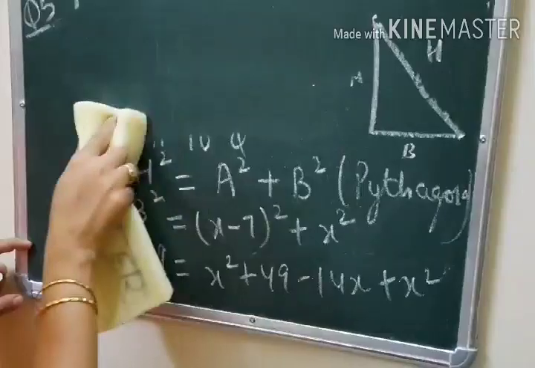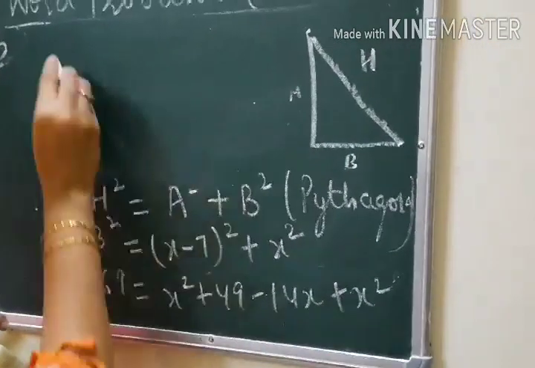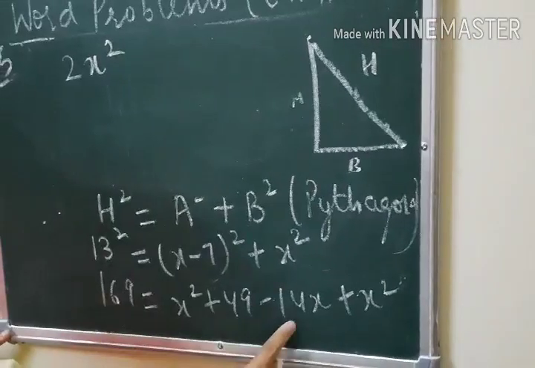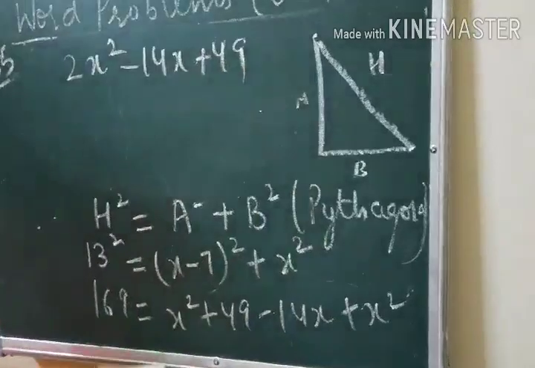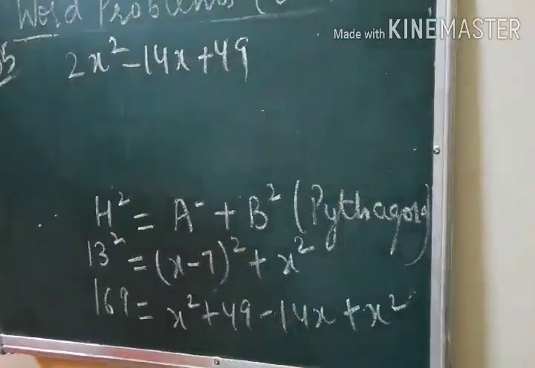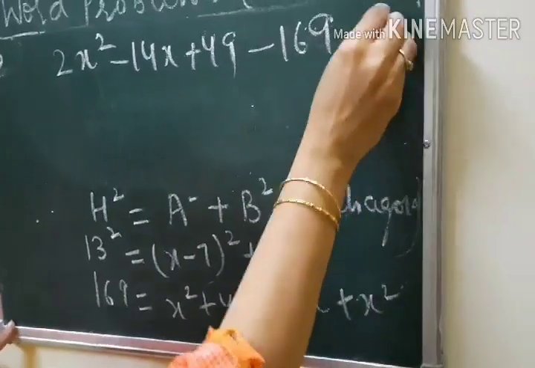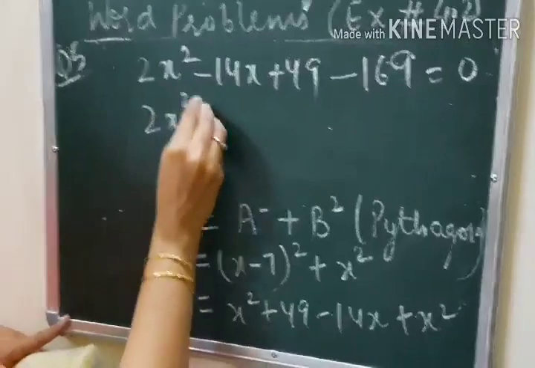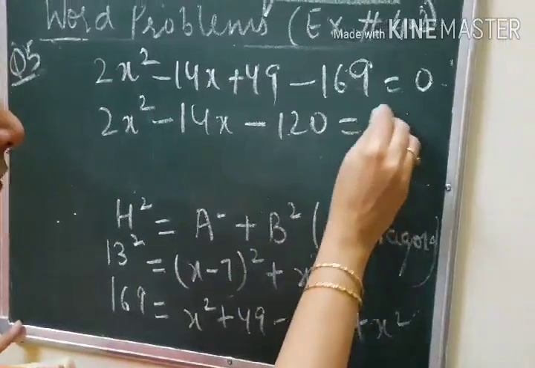Now we'll make a quadratic equation. x square plus x square, 2x square minus 14x plus 49, and 169 will also be shifted here with minus sign, equal to 0. So 2x square minus 14x minus 120 is equal to 0.